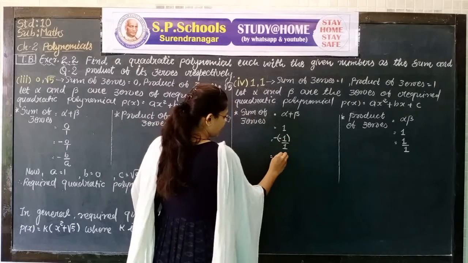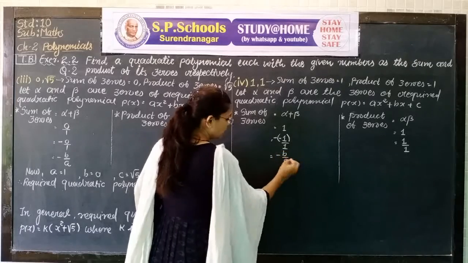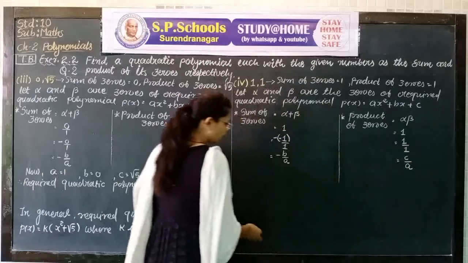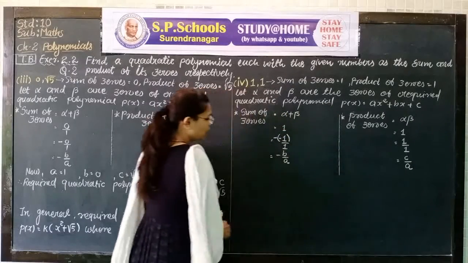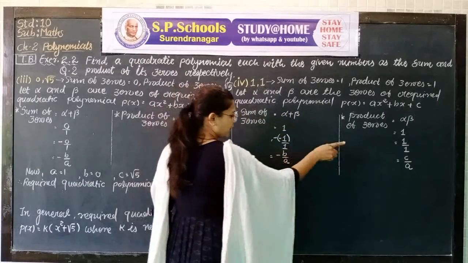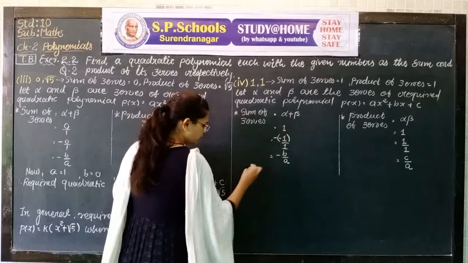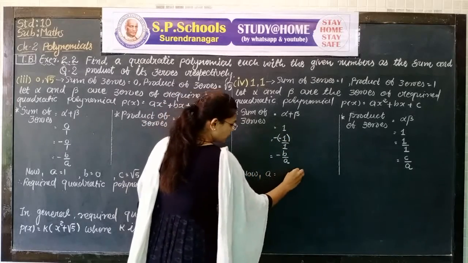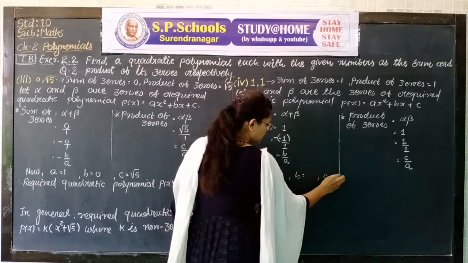Now it looks like minus b upon a and c upon a. Now comparing a, b and c with the above terms, we get the values of a, b and c.